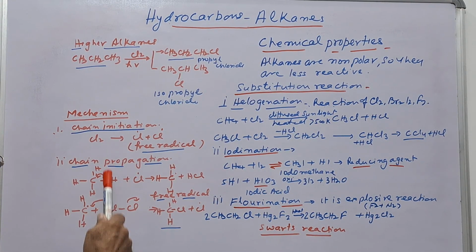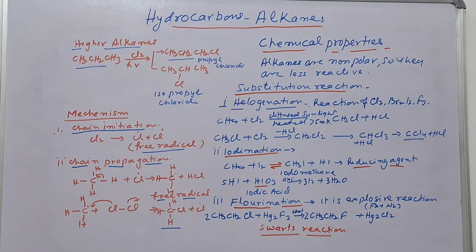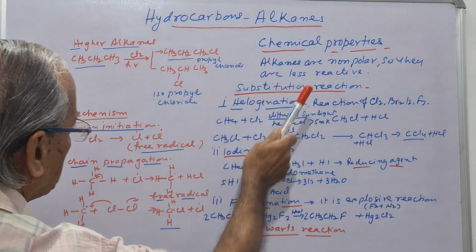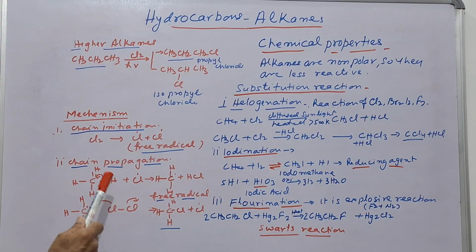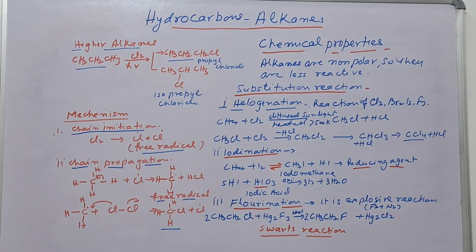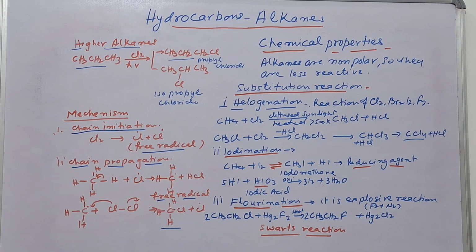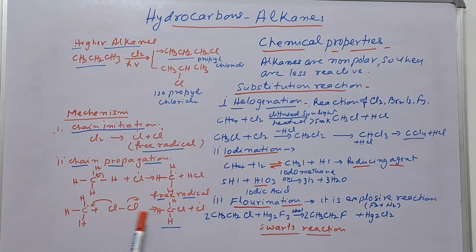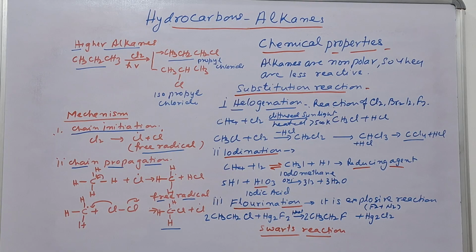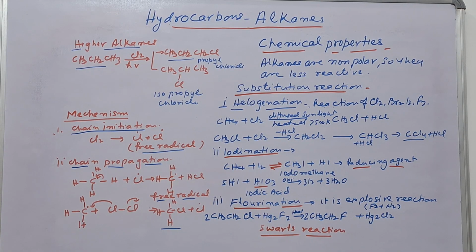So it is a chain propagation reaction. So in the case of the substitution reaction, the mechanism is the free radical mechanism, where first chlorine forms free radicals, then in chain propagation methane forms free radicals, then the free radicals join together to form the product. So this is the substitution reaction.